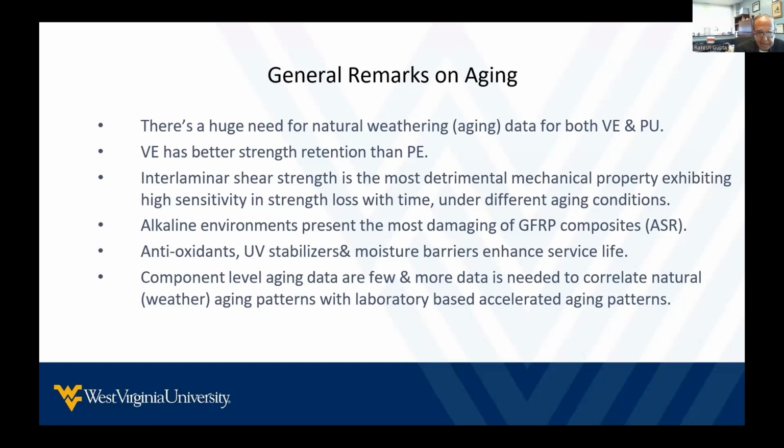It is found that alkaline environments present a very damaging atmosphere, but this can be countered by the use of antioxidants, UV stabilizers, and moisture barriers. So we obtain component or coupon data in the lab, and we correlate that with field data using equations which have been proposed to represent the behavior in the long term.